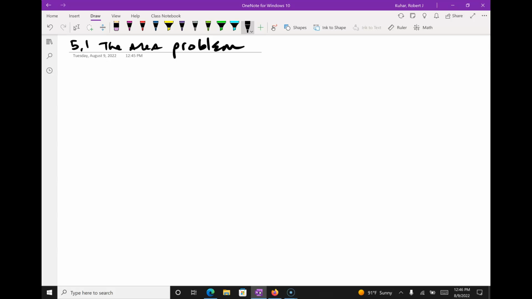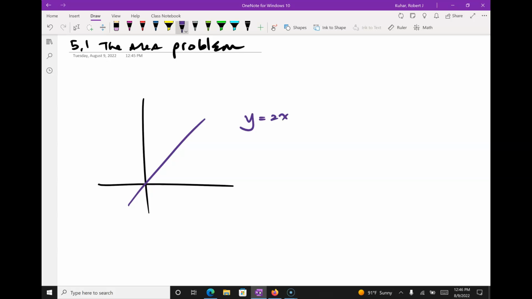So the area problem. Let's take a look at a nice simple problem. Let's say y equals 2x from 0 to 2. So we're looking at the integral from 0 to 2 of 2x dx.